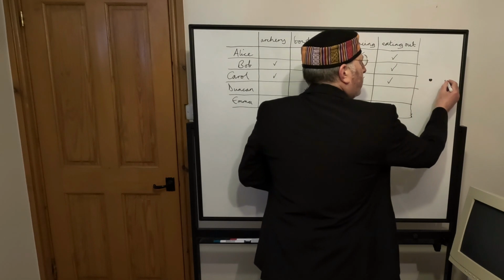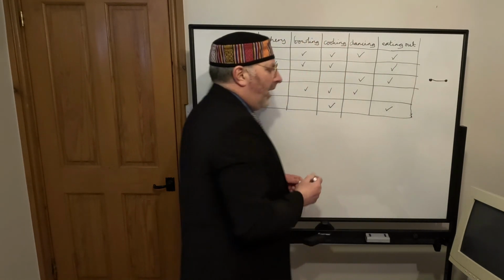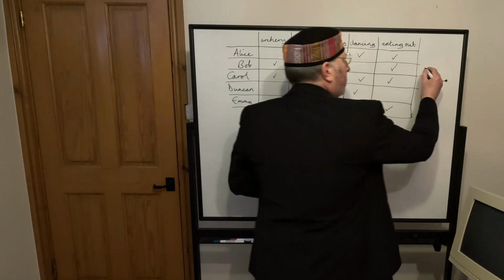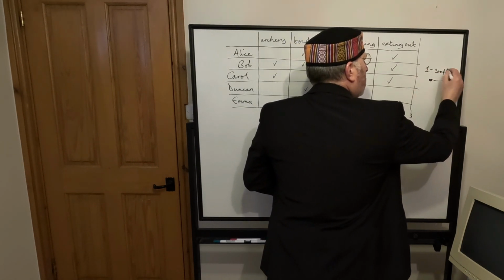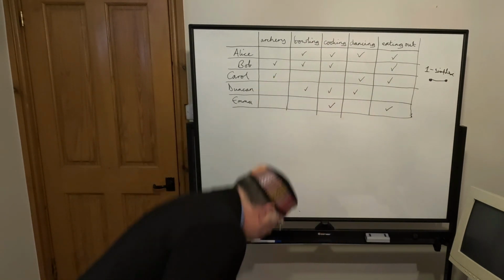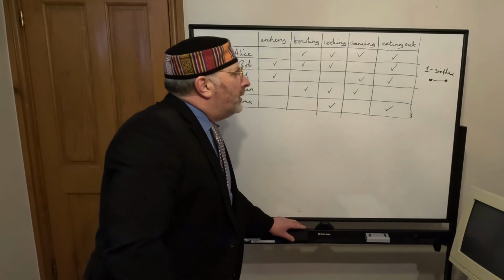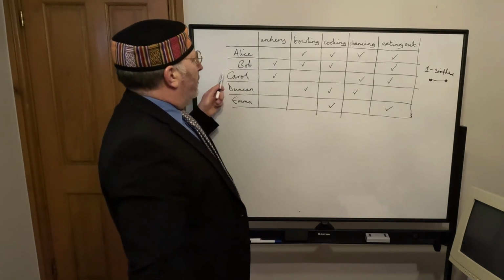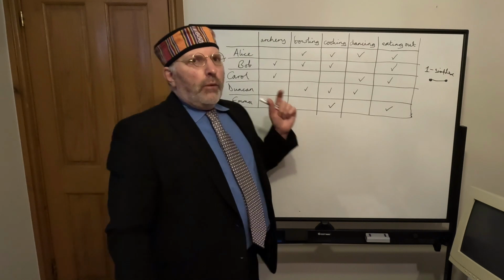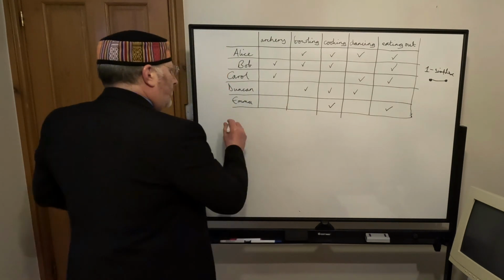Remember, 2 points defines a line, which is a 1 simplex. So we would say that Alice and Carol are 1 connected.